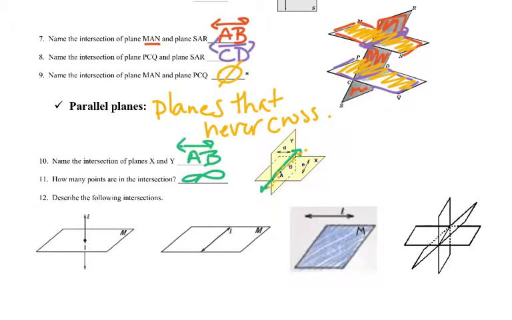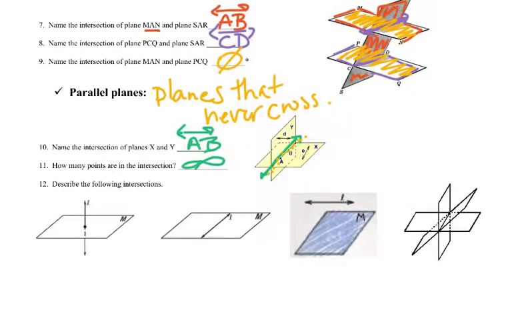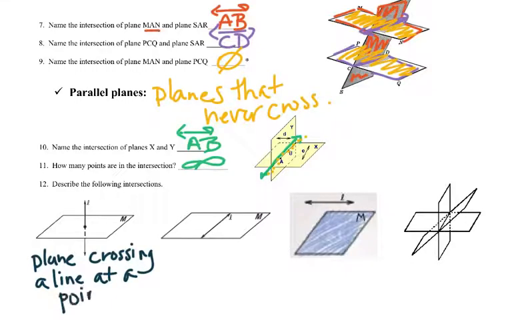The last thing here is just a picture, and we're kind of describing the picture. So this picture here looks like a plane crossing a line, or you could say a line crossing a plane, and they cross at a point, right? The line and the plane cross there at that point.